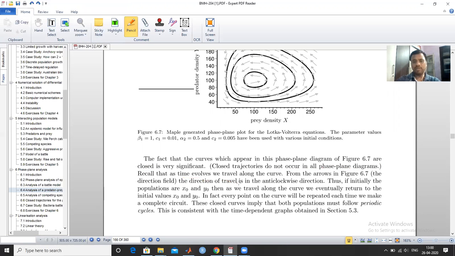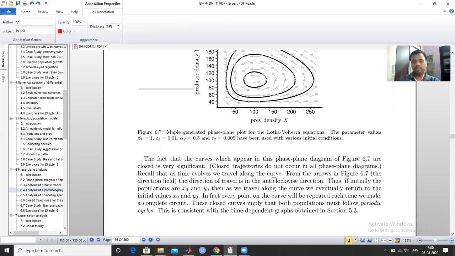So what is the meaning of this? As time goes, we move along these curves. From these arrows, we can see these are the directions. The direction of travel is anti-clockwise. If we start with the initial point x naught and y naught, then as we travel along the curve, we eventually return to the initial position.